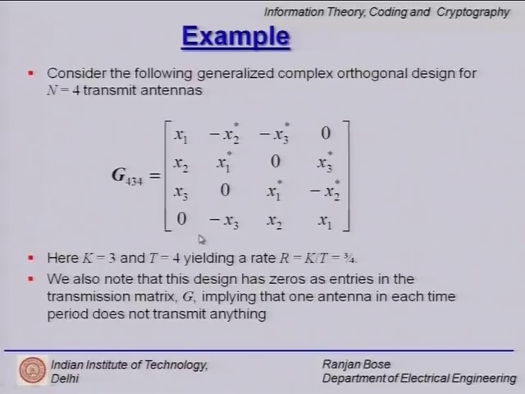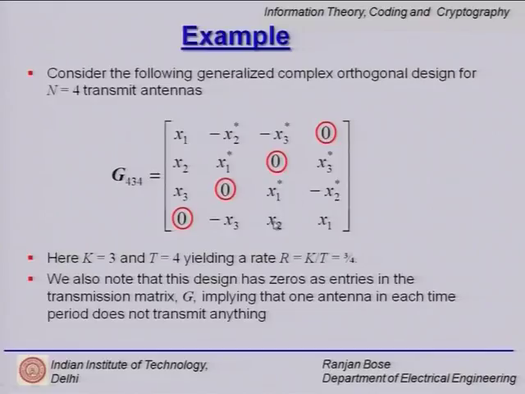This is very interesting. This has an implication on the average power that we are transmitting through the antennas. The rate is not bad, right? And this is a complex orthogonal design, of course a generalized complex orthogonal design. So these are very interesting variations that give you some additional benefits without compromising much on the rate.